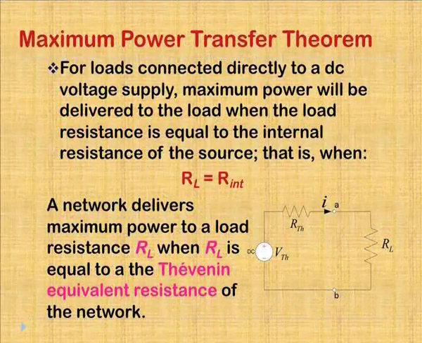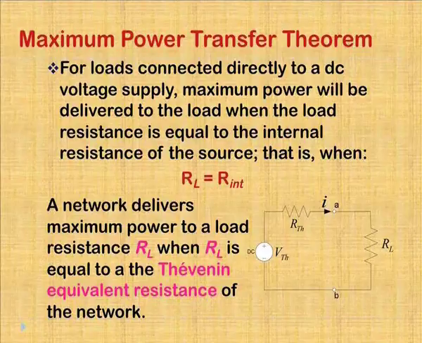So, the maximum power transfer theorem states that for loads connected directly to a DC voltage supply, maximum power will be delivered to the load when the load resistance is equal to the internal resistance of the source.